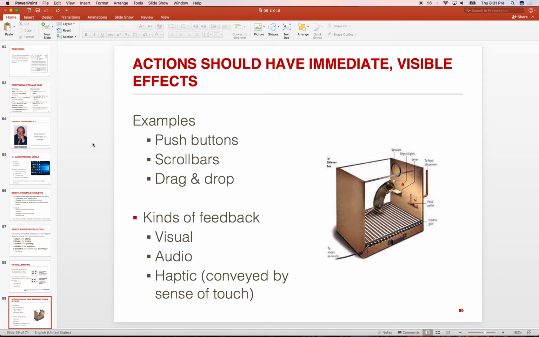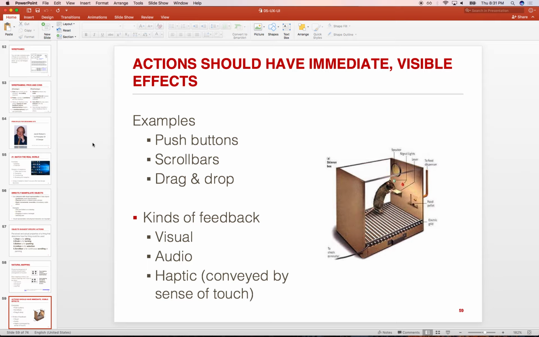For instance, if I scroll and all of a sudden the page entirely refreshes, I don't see a continuous movement of the scroll bar. It asks me to make the extrapolation between the movement of something physical and the actual indirect movement of that data. Drag and drop, scroll bars, and visuals: we want immediate feedback.